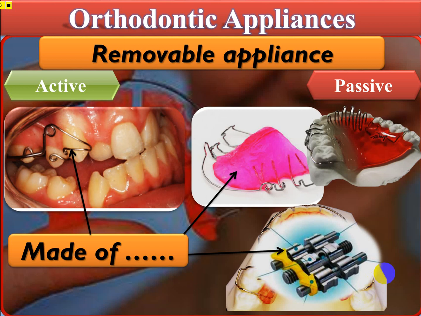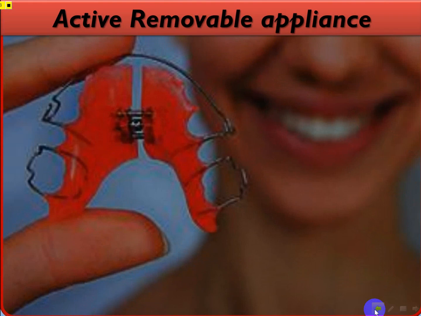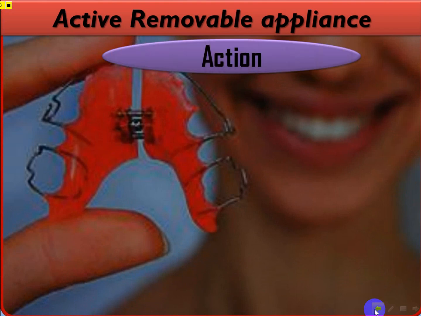Now, the action of the removable appliance: what do I mean by the action of the removable appliance? I mean, what are the types of tooth movement that can be produced by a removable appliance? If you remember or not, I will refresh your memory.